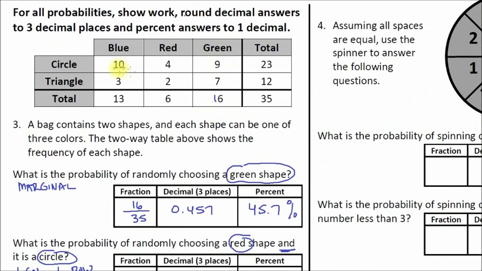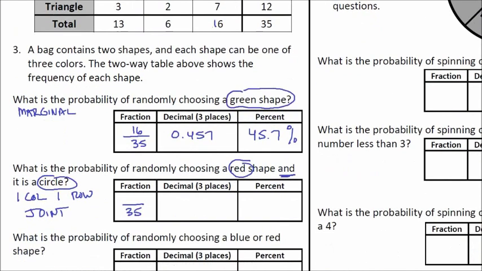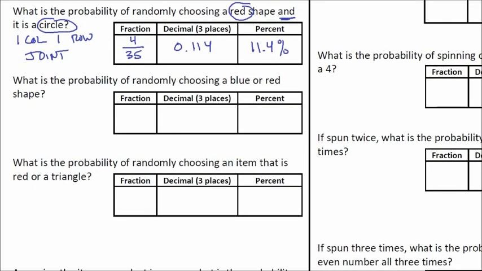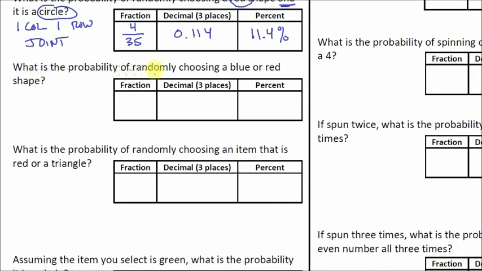Here's red, here's circle. The intersection is 4. I've got 4 red circles. So we've got 4 out of 35. Your calculator should tell you the decimal is 0.114, and that's 11.4%.